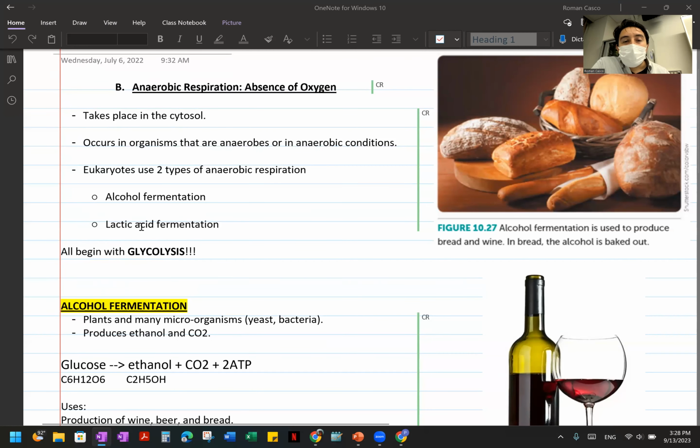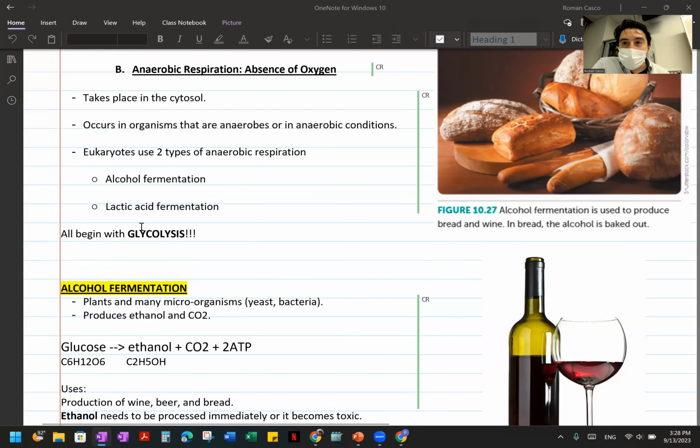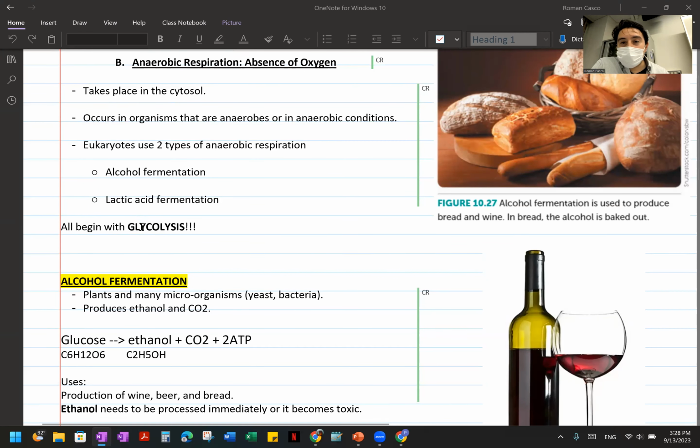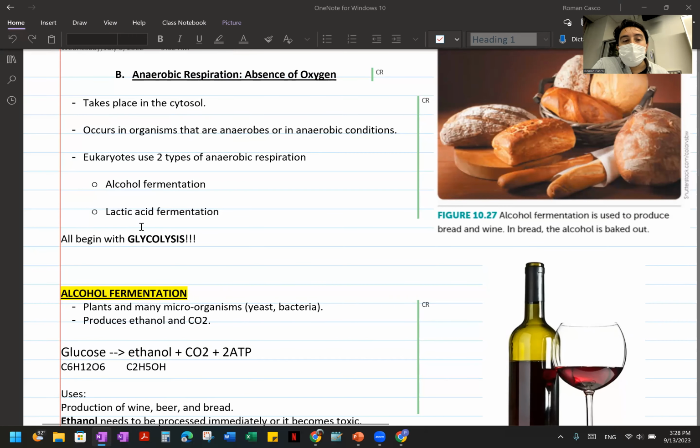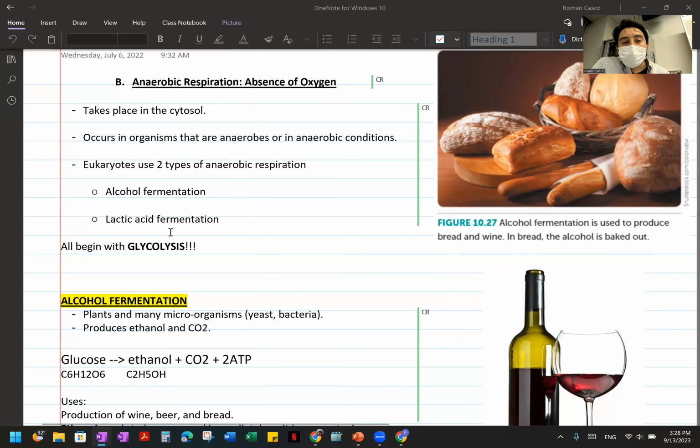It happens in the cytosol, and it begins with glycolysis. So glucose can turn into another byproduct aside from pyruvate, to produce ATP or to regulate NADH for the Krebs cycle and so forth. So you have these two types of anaerobic respiration, also called fermentation.